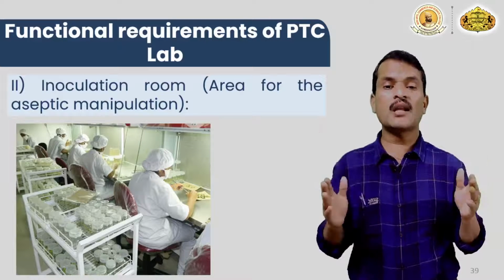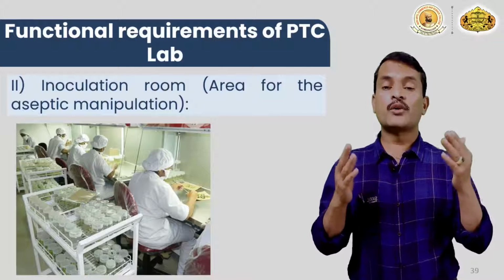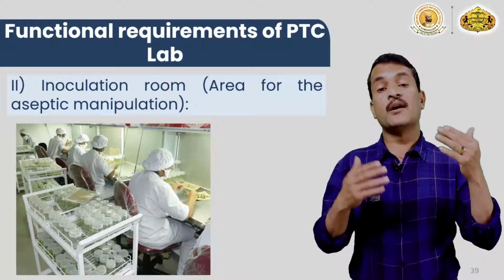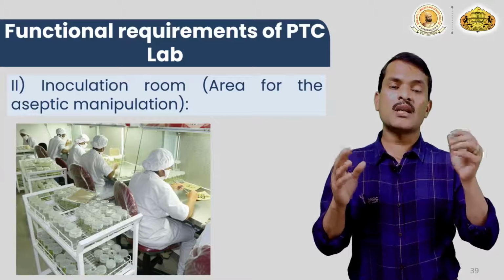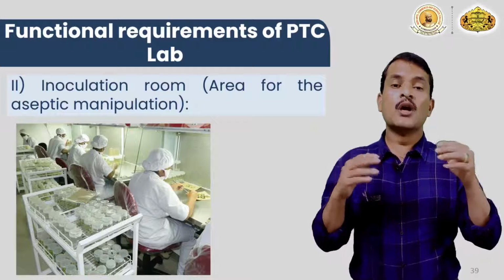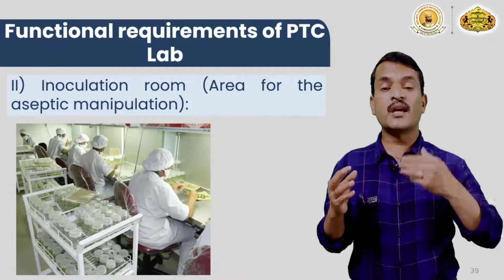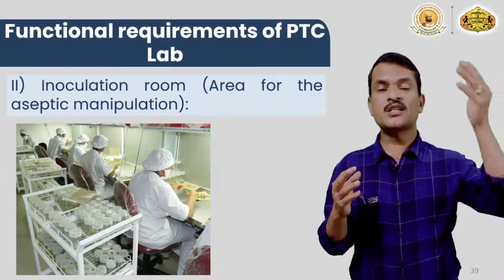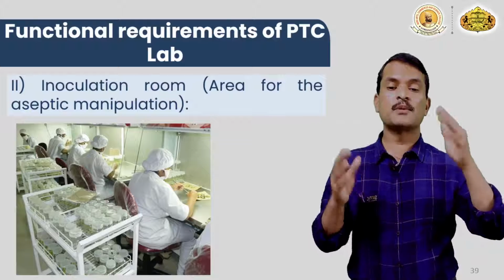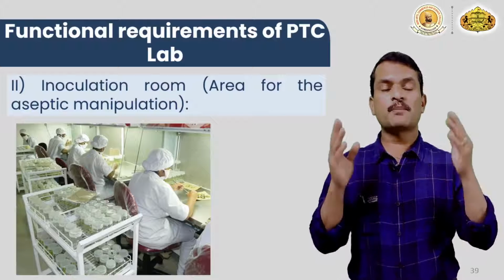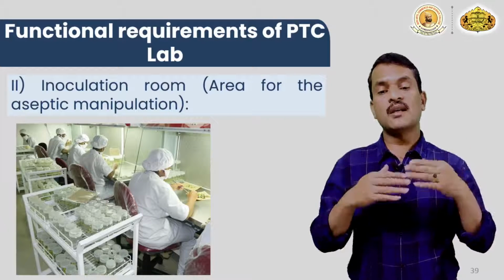So the laminar airflow is equipped with filters known as HEPA filters, which have a very small pore size, less than 0.3 microns. Air is passed through them and, with pressure, is transferred to the cabinet. So the air is free from microorganisms and there you are going to work.